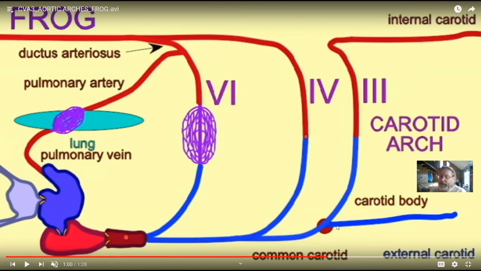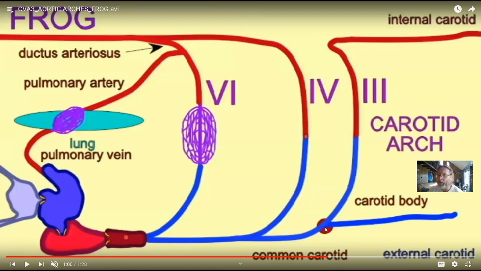We humans still have, although we don't have a swelling like exists in frogs here, some of the sensors which are detecting the chemicals in our blood, like carbon dioxide and oxygen, to determine how our respiratory system needs to adapt.